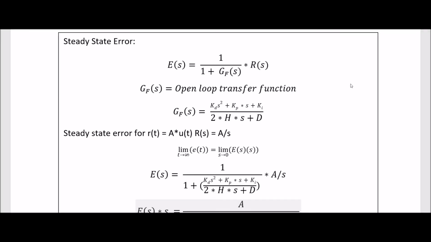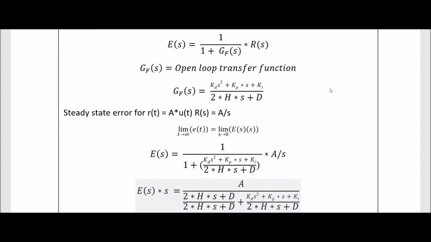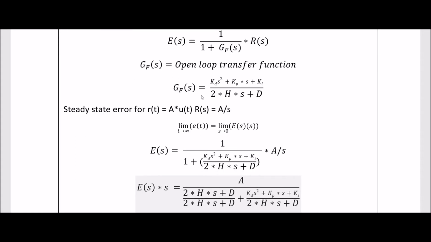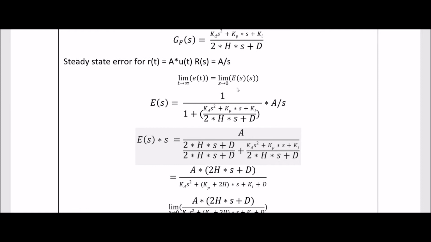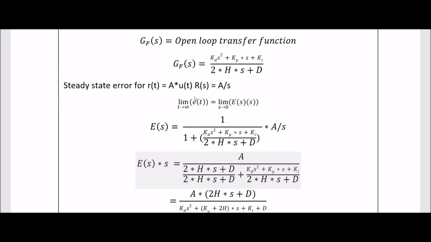So the equation is the error equals 1 over 1 plus the open loop transfer function times R of S. So we already have the open loop transfer function, and we know R of t equals A times the unit step function, which makes R of S equal A over S. And we know that the limit of E of t as t goes to infinity is equal to the limit as s goes to 0 of the error function times s.